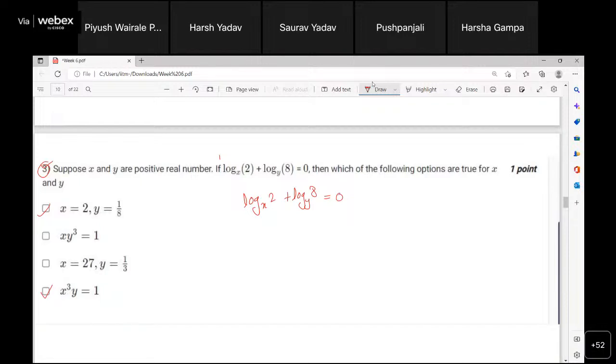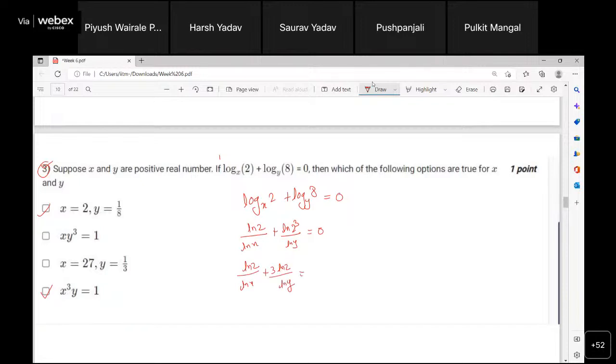Base change method. Base change property, right? Okay. So, ln of x upon ln of 2 plus ln of 2 to the power cube upon ln of y equals 0, right? So it will be ln of x upon ln of 2 plus 3 ln of 2 upon ln of y.